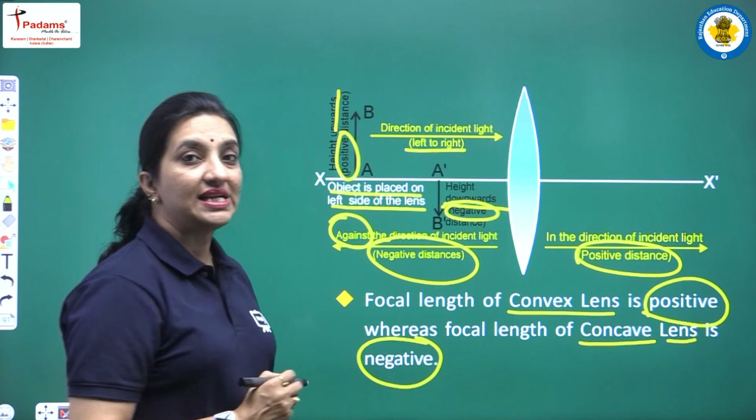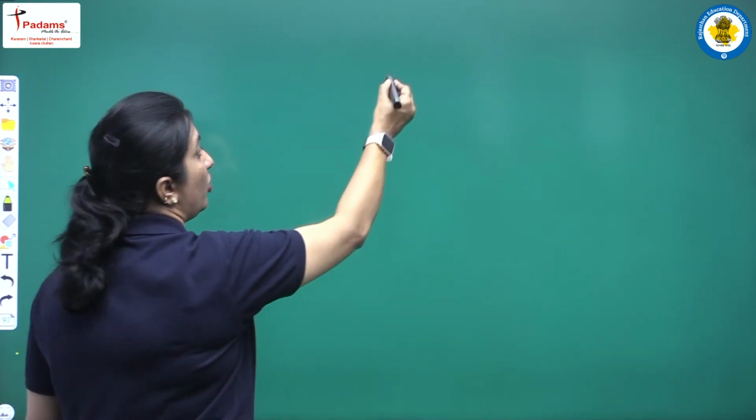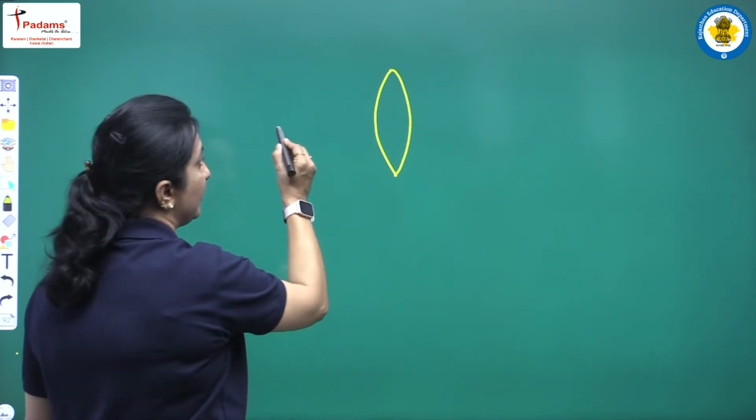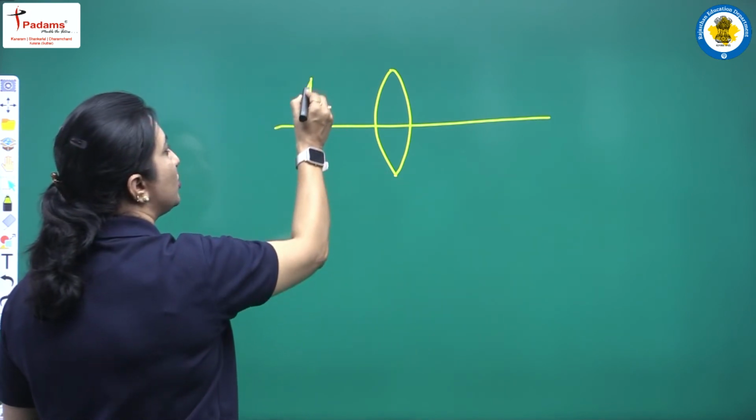Now why have we taken this? Let's understand. So for a convex lens, say this is a convex lens, say this is the principal axis and the object is placed over here.